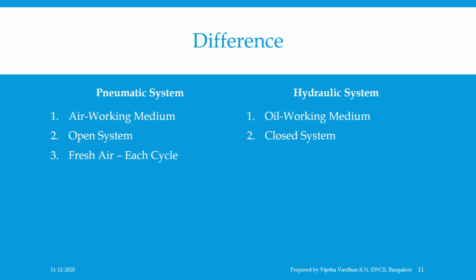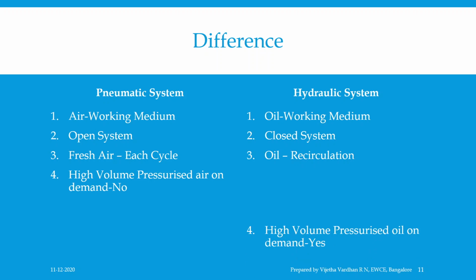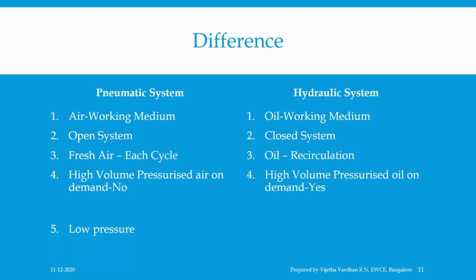Every time fresh air is drawn, and the same oil is used again and again. Pneumatic cannot provide high volume pressurized air on demand, hydraulic can provide a high volume of pressure oil on demand. Pneumatic is suitable for low pressure applications, hydraulic is suitable for high pressure applications. Pneumatic is economical, hydraulic is expensive.